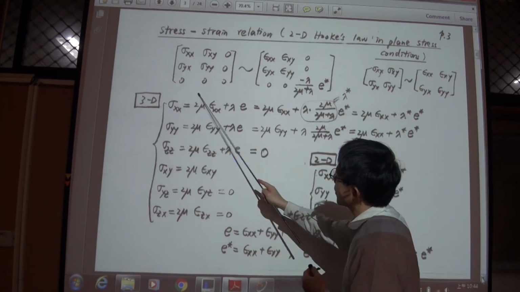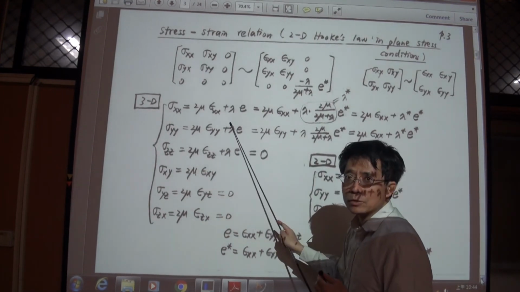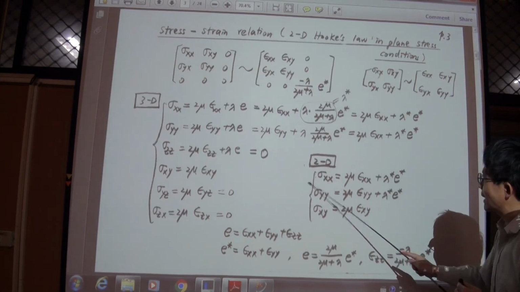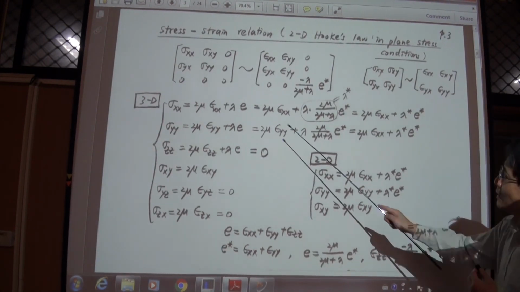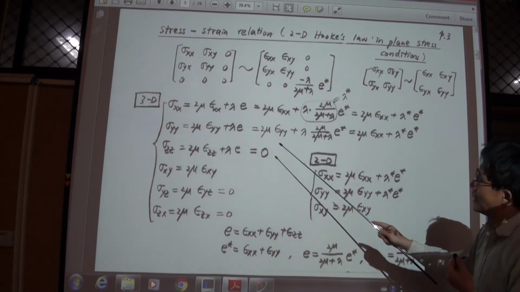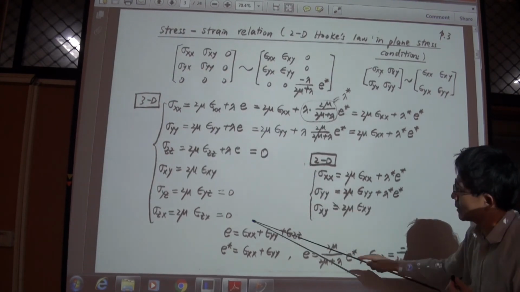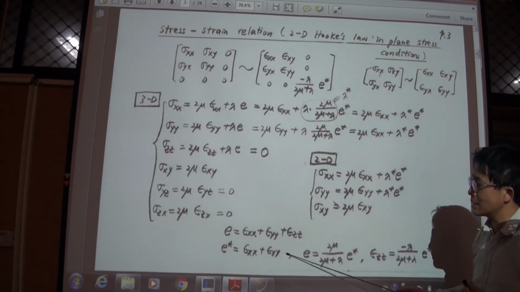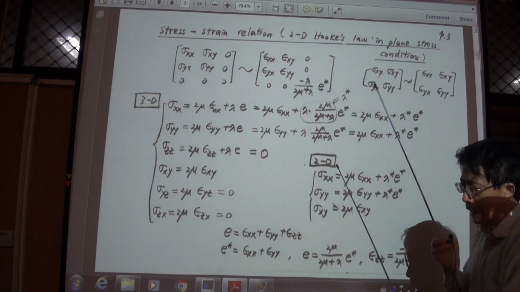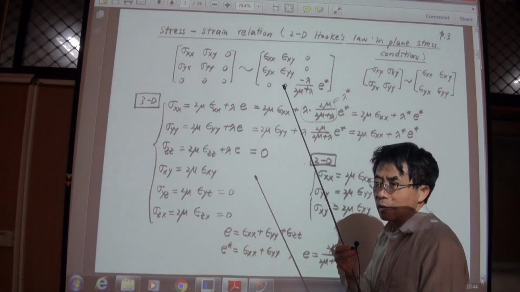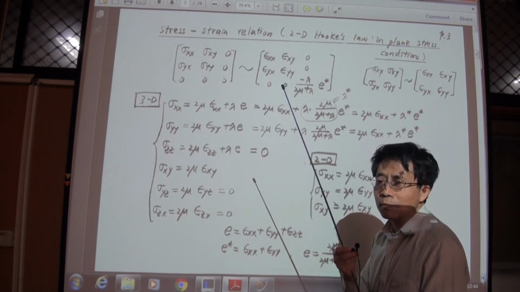See, the outlook here for the three-dimensional stress-strain relation like this can be replaced like this, and this one looks pretty much the same. See, little e is written like this, and little e star is written like this. So they have a very similar outlook.